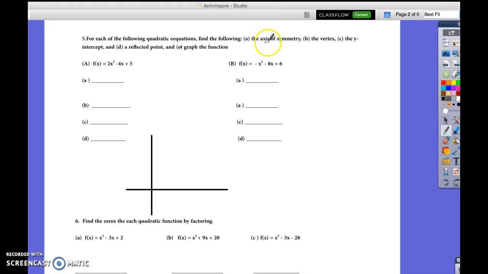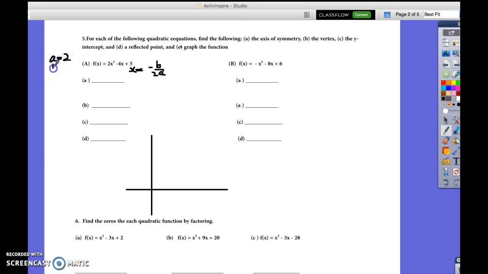Now the first thing is the axis of symmetry. Axis of symmetry, that is, it's a line and it's x equal to negative b over 2a. So let's take a look at it and identify our A, B, and C. A would be 2.